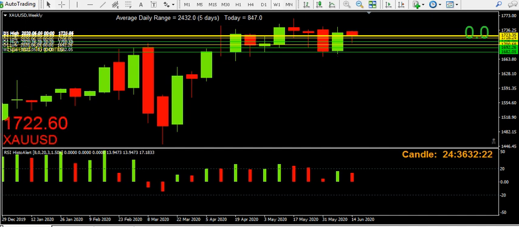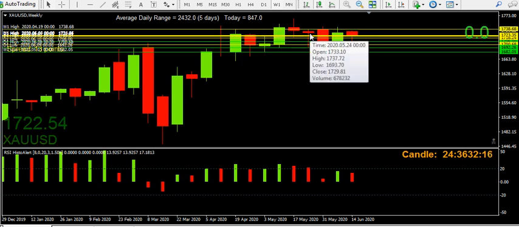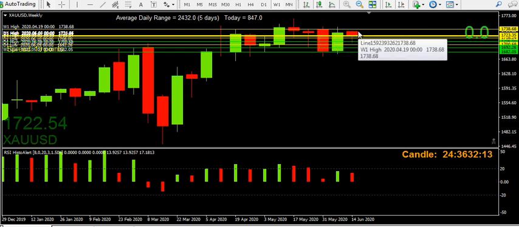Top level, pick an arbitrary line again. This looks interesting. There, tested, tested, tested, tested, tested, and failed to test by the looks of it there. That's quite interesting. Potentially no buying power in the market.